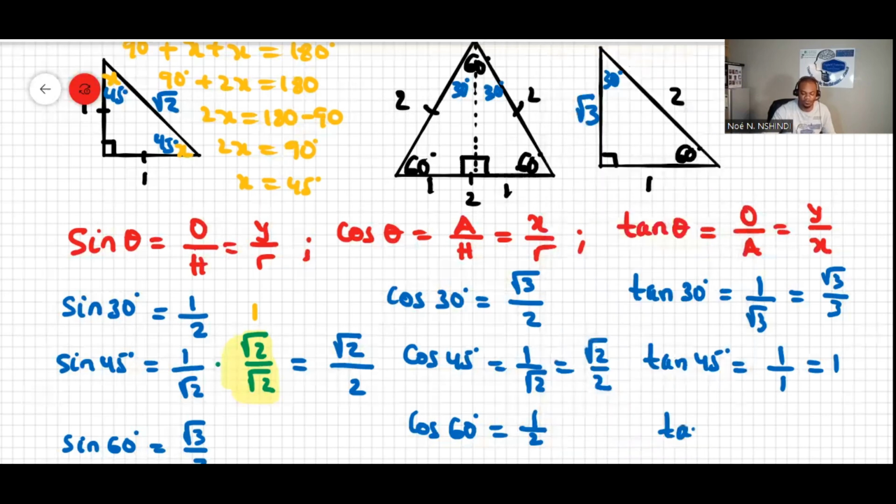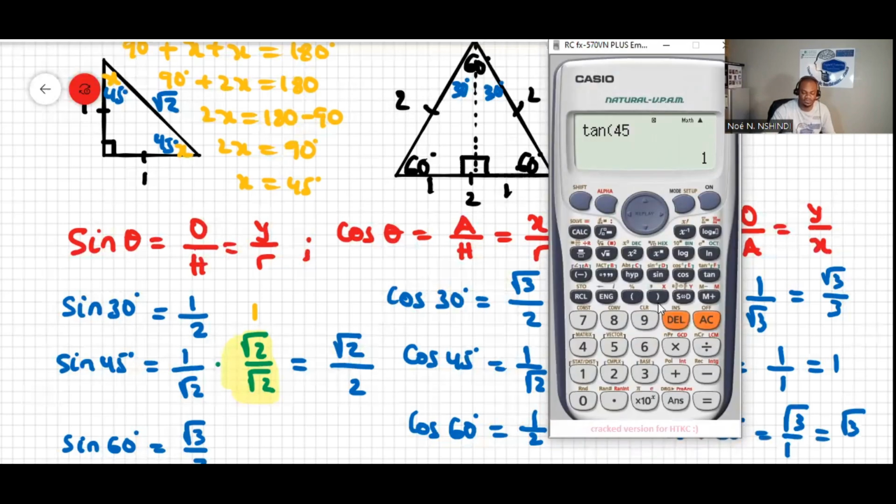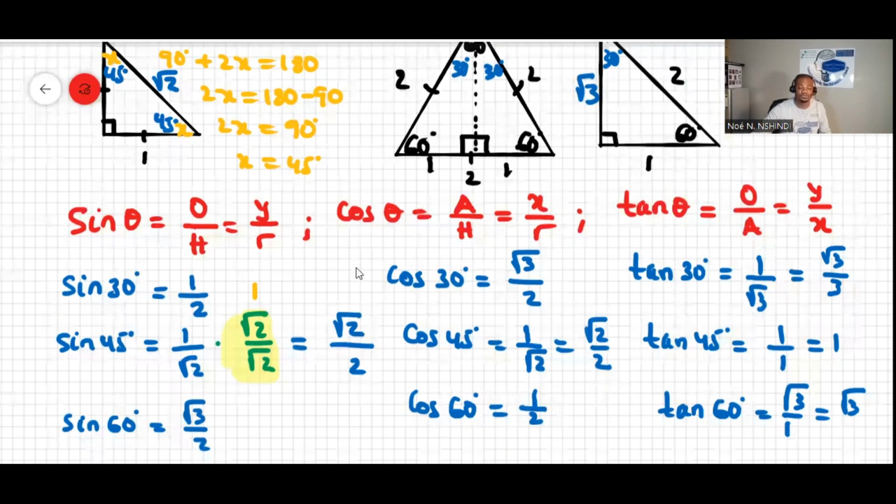So tan of 60 degrees, we can also do that. 60 degrees is here, the opposite is √3, the adjacent is 1, so it's going to be √3/1, which is just √3. You can check tan of 60 degrees is equal to √3. This is the first method I wanted to show you, using these special triangles.